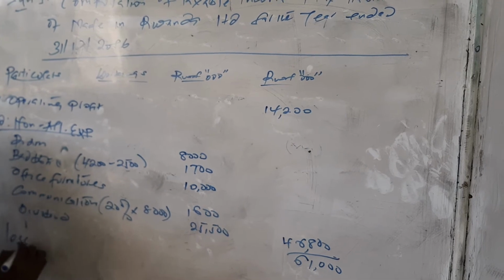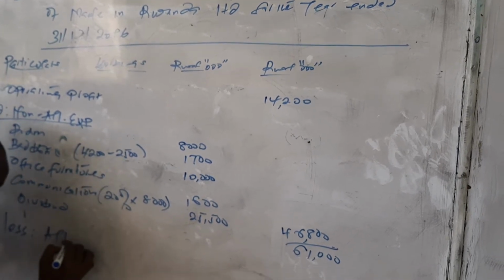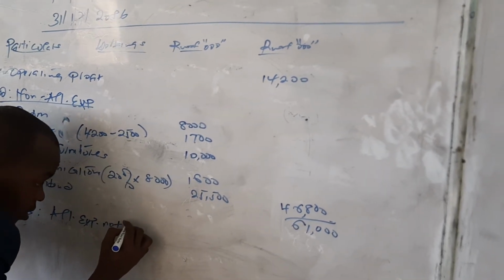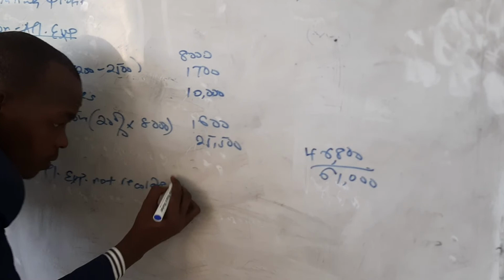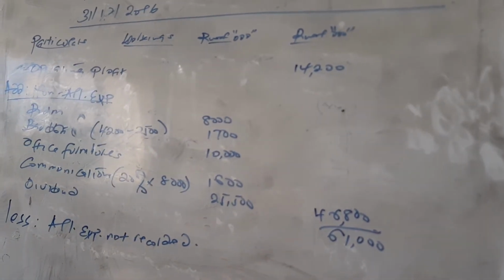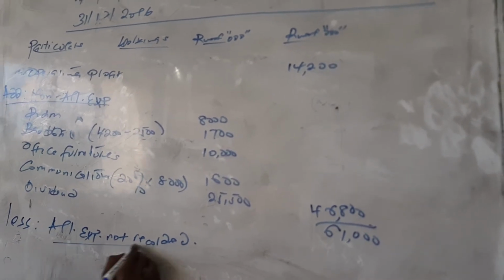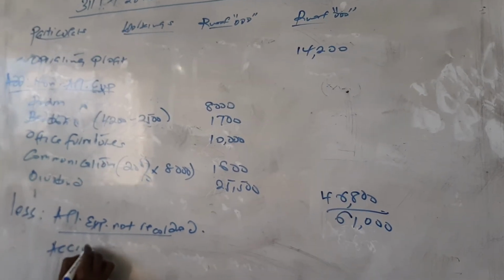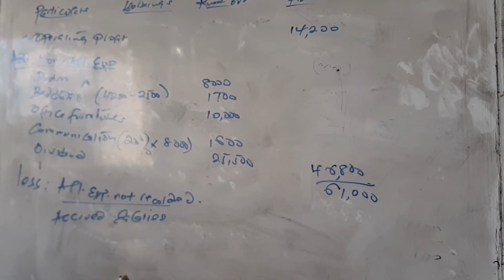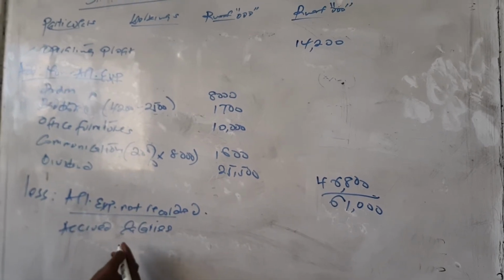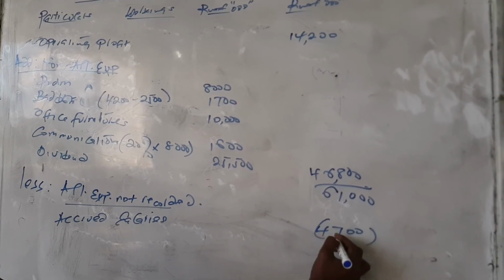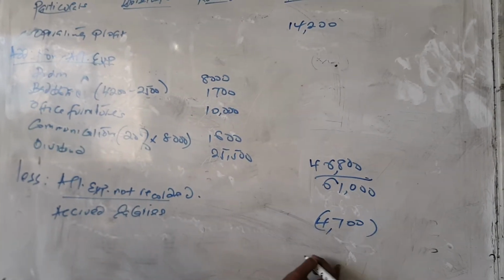We raise allowable expense not recorded. We have accrued salaries. The accrued salaries here, we have 4.7 million.